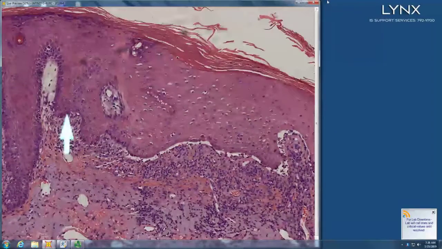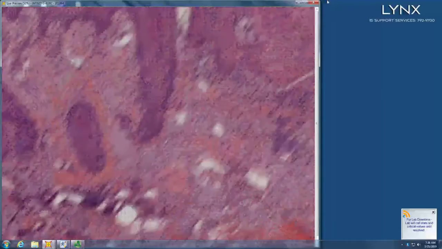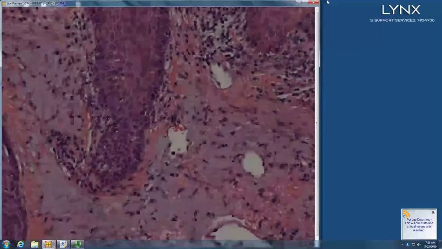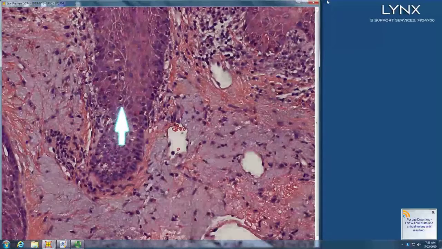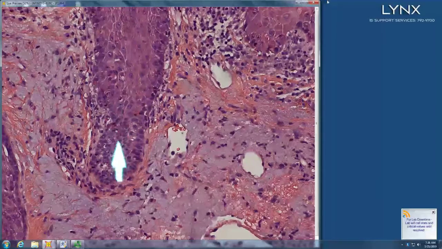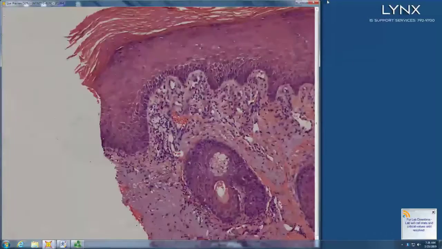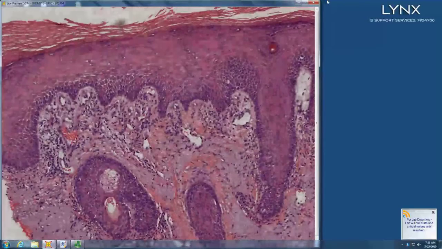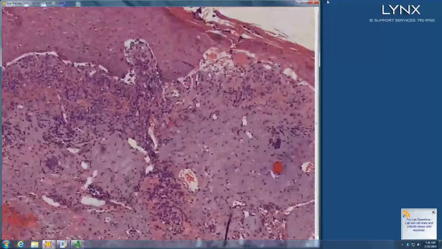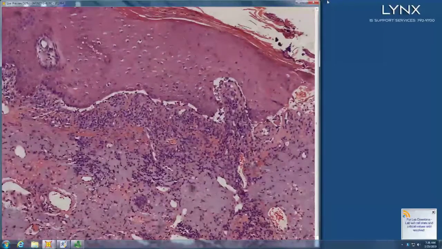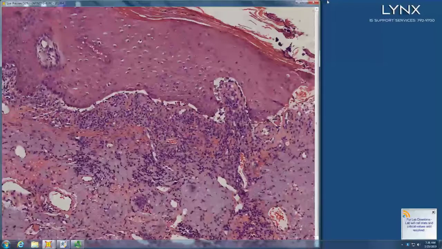And then in other areas just lots of dead reds at the junction. Right? Almost like an early EM. So lots of dead reds like an early EM, lichenoid interface, and this is an old person with eyes and lips that look almost like erythema multiforme.